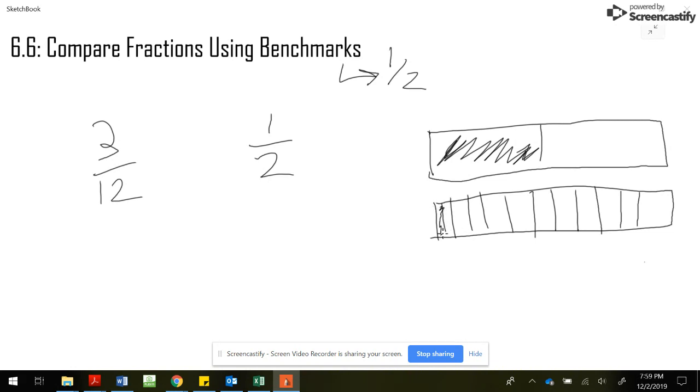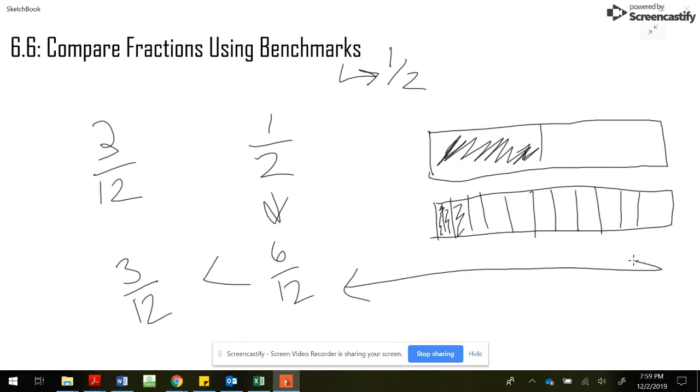I could shade in 1, 2, 3, and I would clearly see that 3/12 was smaller. But we can start thinking, what's an equivalent fraction for 1/2? I know that an equivalent fraction is 6/12, so I'm going to make it that same one. A lot easier to look at it like this and go, oh, definitely 6/12 is greater than 3/12, so 3/12 is less than 6/12. So we can kind of think of it with fraction bars.